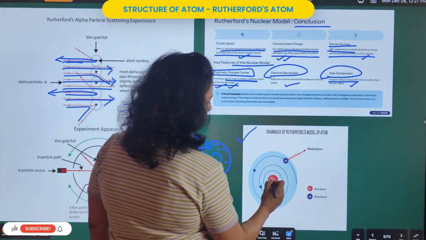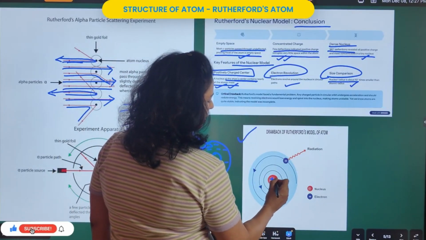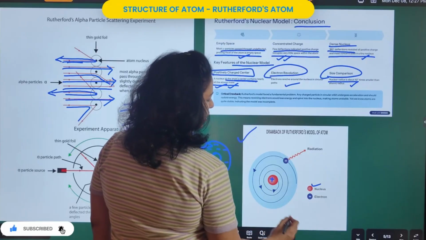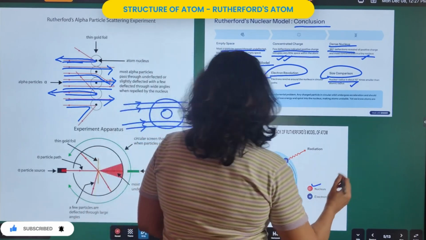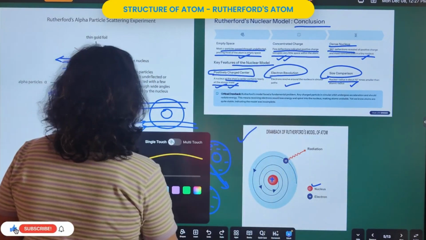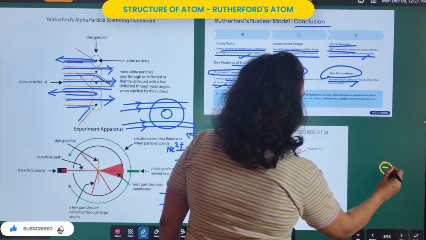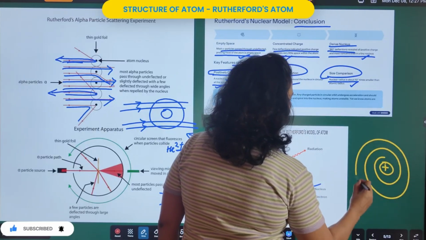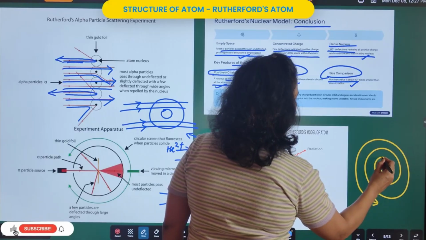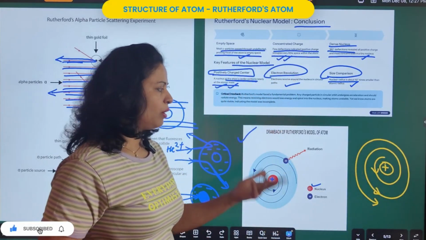If you see, this is the positive part, the nucleus, right? And electrons are revolving around the nucleus in a particular way.